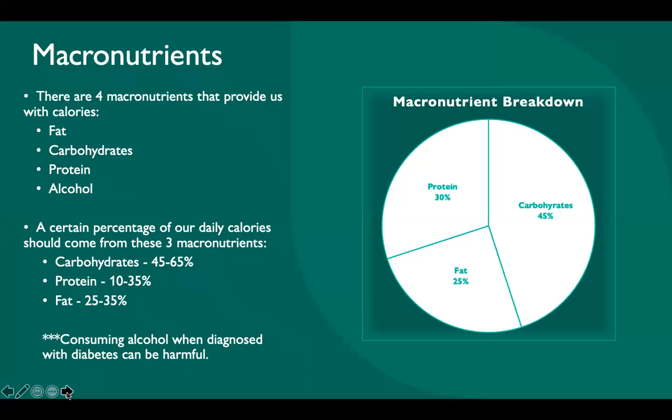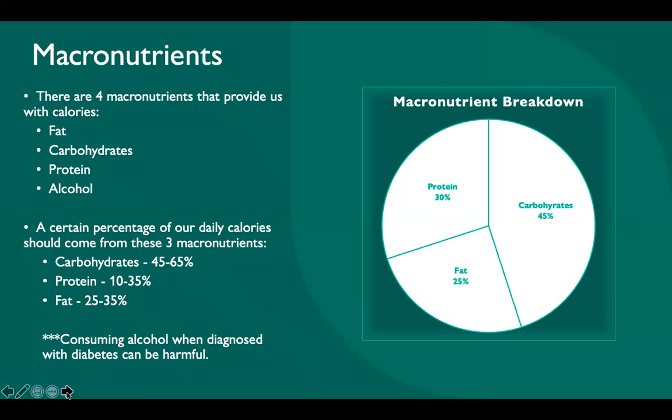If 50% of their calories came from carbs, they'd be eating 1,000 calories per day from carbohydrate sources. Similarly, if they ate 10% protein per day on a 2,000 calorie diet, 200 of those calories would come from protein.